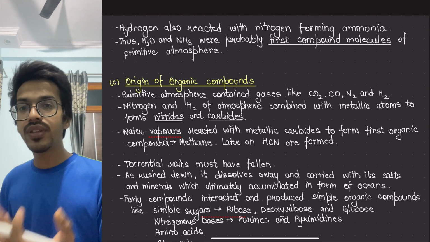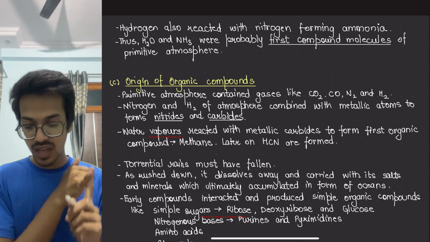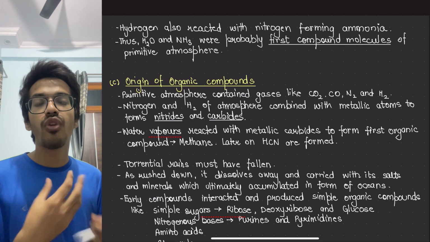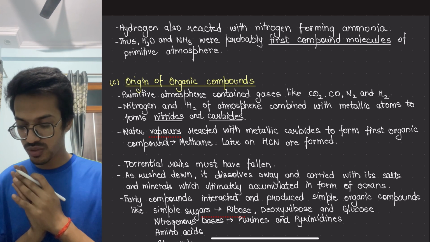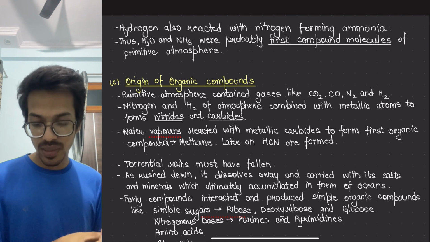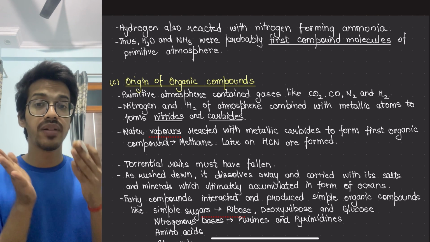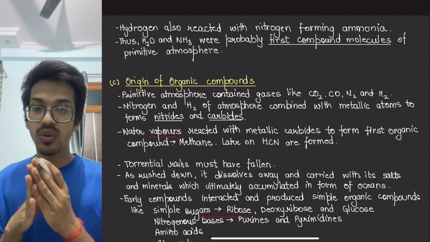Now, in the primitive environment, carbon dioxide, carbon monoxide, nitrogen, and hydrogen atoms were there, but they combined with one another and formed oxides or nitrites, depending upon what kind of components they were. Water vapors were present, and hydrogen reacts with the oxygen atom and forms water, so they were in the form of water vapors.